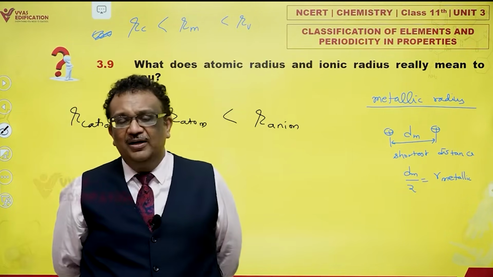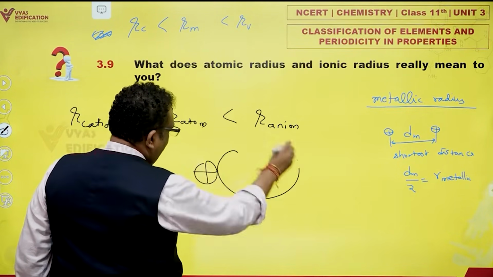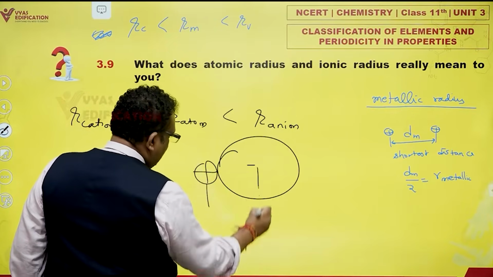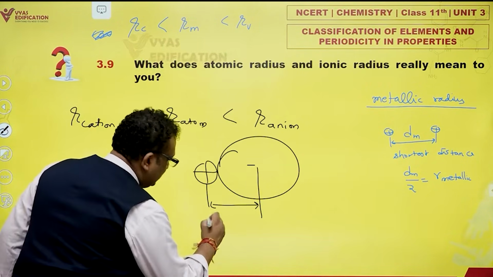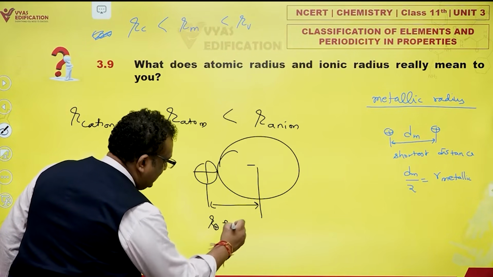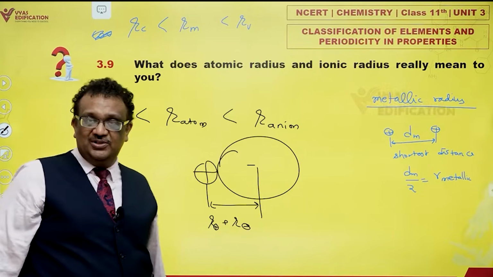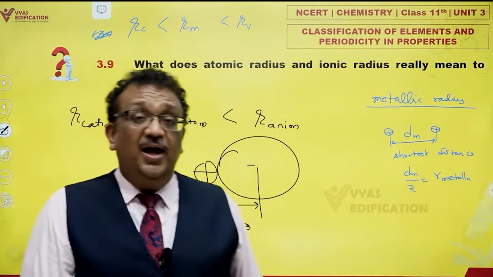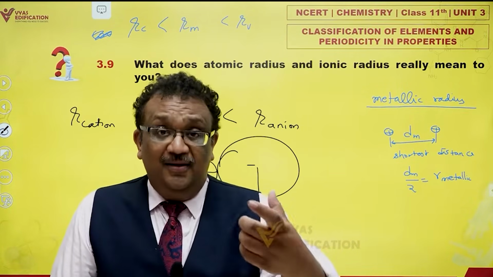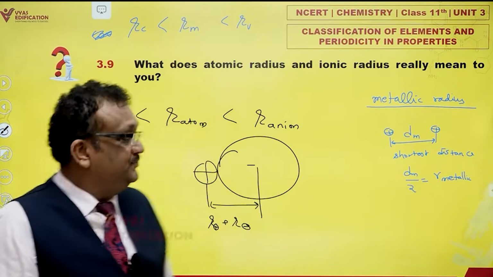Well, that's not difficult. Say, for example, you take solid NaCl and you measure the distance between Na plus and Cl minus. This is radius of cation plus radius of anion. You can experimentally measure this in NaCl. The smallest distance between Na plus and Cl minus, that you could say is the sum of radii of sodium cation and chloride ion.